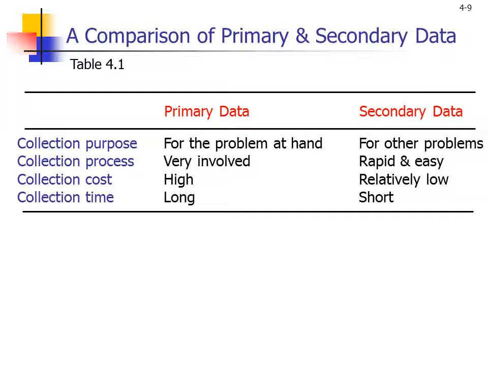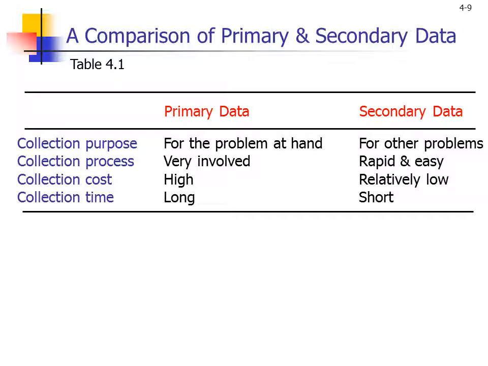This table is a comparison of primary and secondary data. The first item of this comparison is the collection purpose: for primary data, it is for the problem at hand; for secondary data, for other problems. For the collection process, primary data is very involved, and secondary data is easy and rapid.